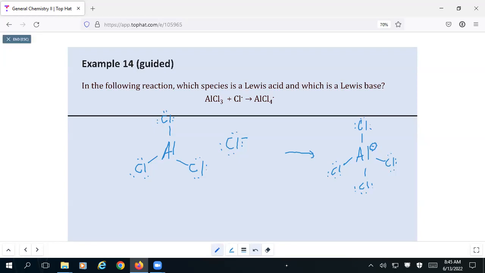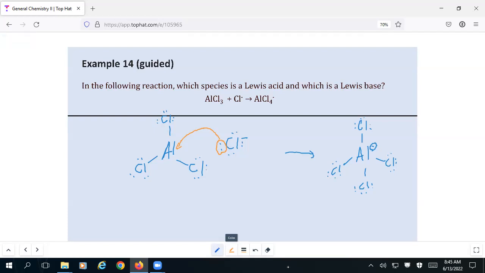Now, to get from here to here, which one of these substances is going to have to donate, give up a pair of electrons? Where's the electron pair going? It's starting in the chlorine and being added to the aluminum.